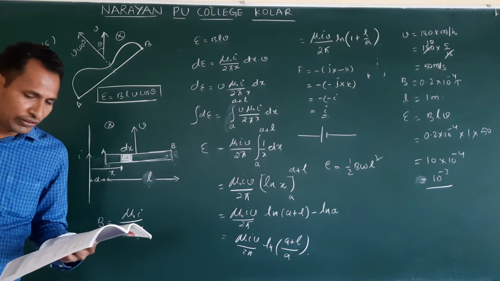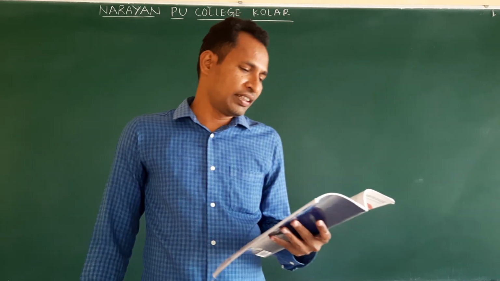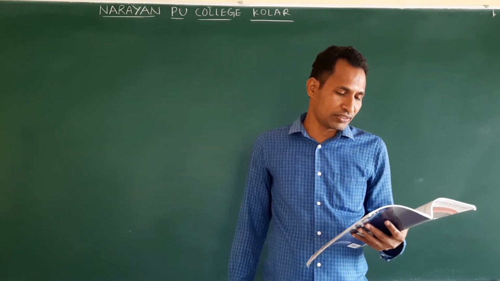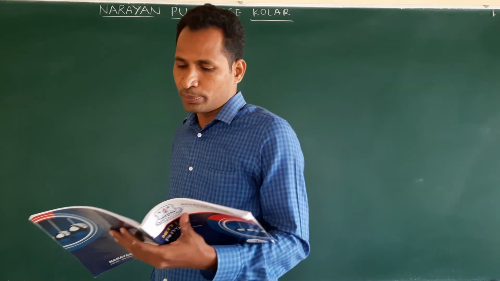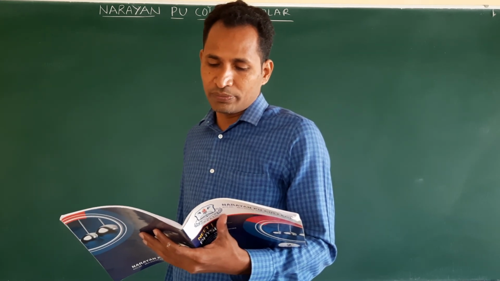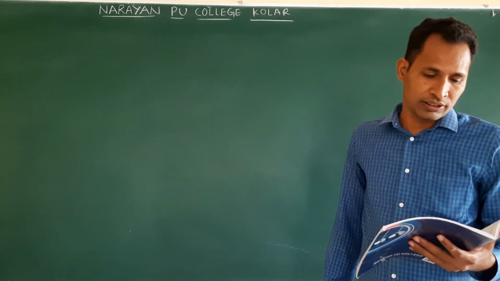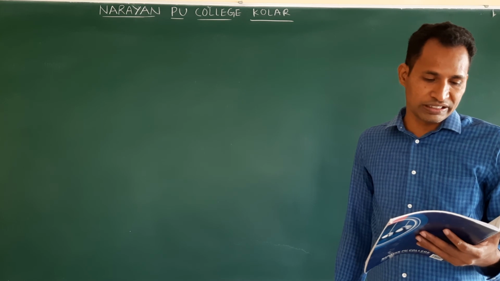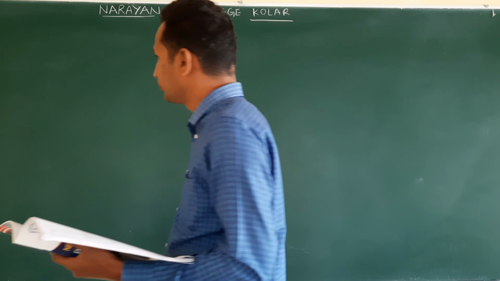Now we will see 16. The horizontal component of Earth's magnetic field at a place is 3 × 10⁻⁴ Tesla, and the dip is 53 degrees. A metal rod of length 25 centimeters is placed in the north-south direction and moves at a constant speed of 10 centimeters per second towards east. Calculate the EMF induced in the rod.